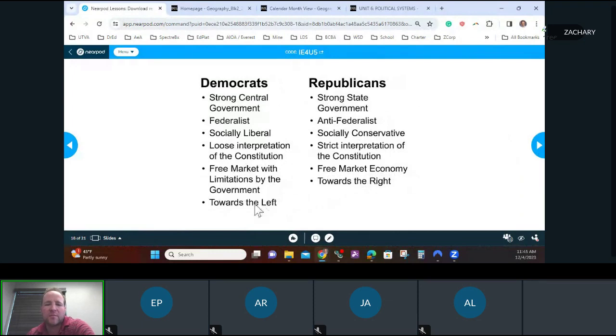One of the things I'll just mention here is they talk about leaning to the right and to the left. Where that came from was, if you look at legislatures, the actual place where they sit, they'll have the Republicans on the right in the legislature and the Democrats on the left.